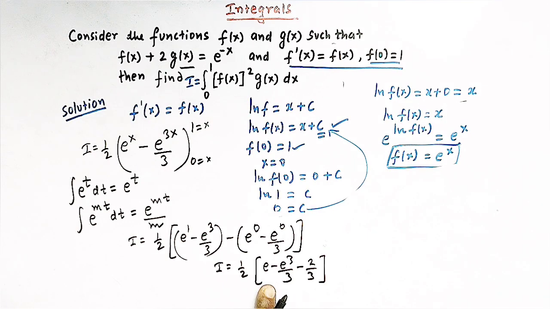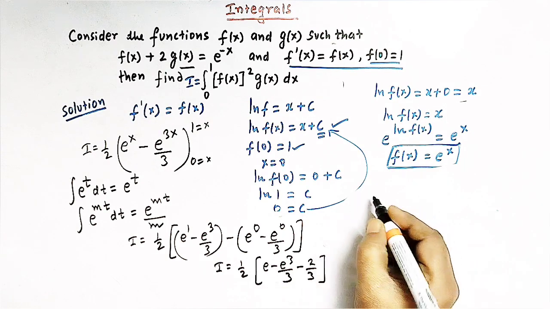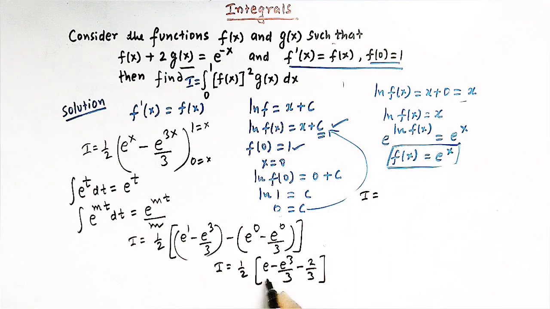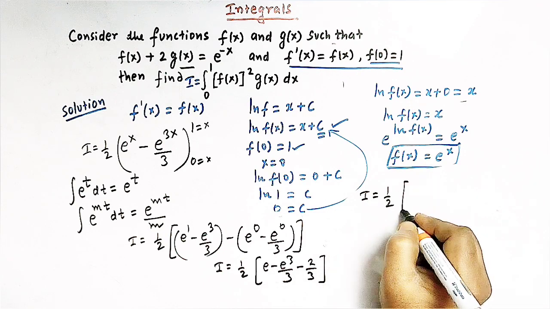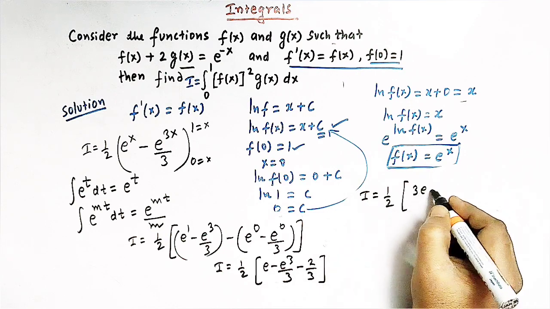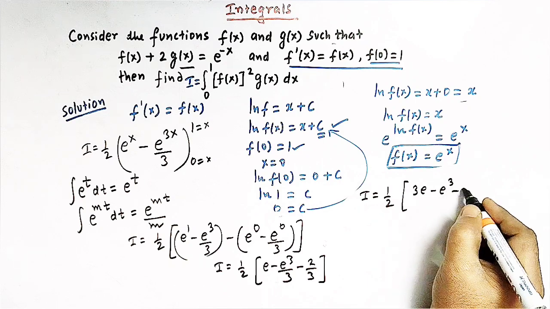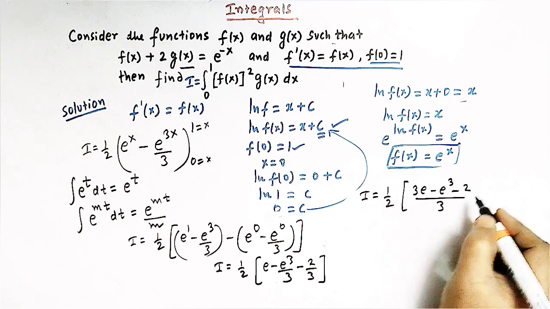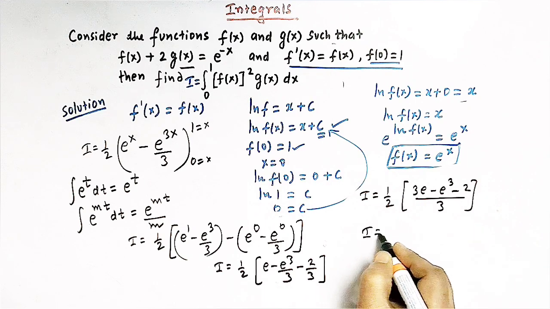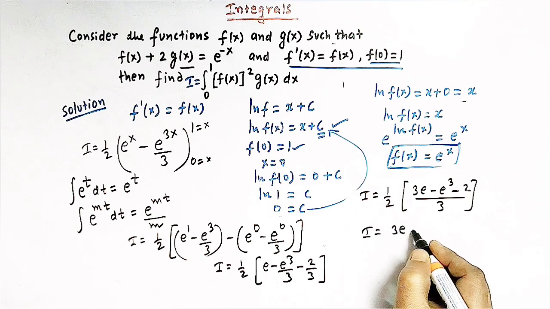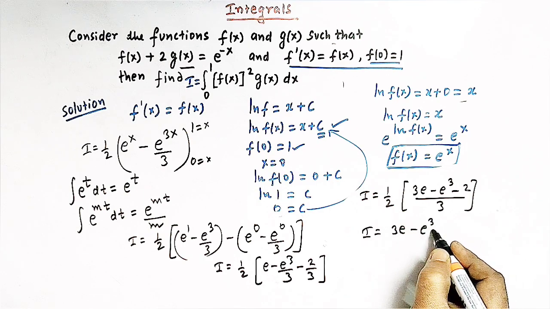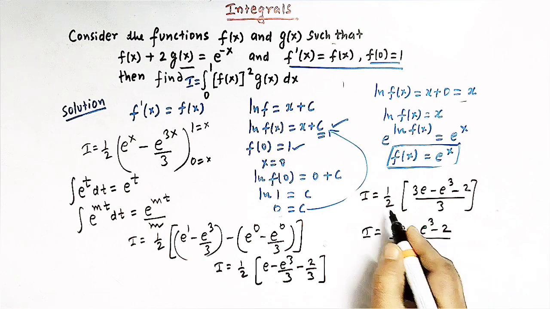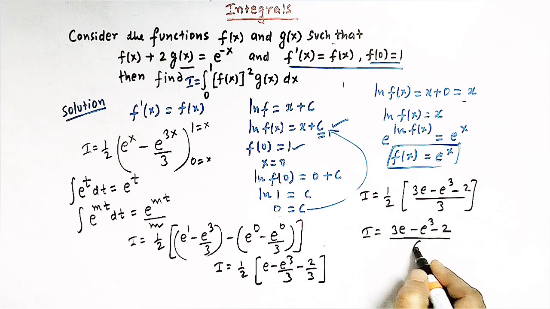So let us simplify this expression. So we have I, and we have half, and (3e minus e cube minus 2) over 3. So we can write I is equal to (3e minus e cube minus 2) divided by 2 times 3, which is 6.